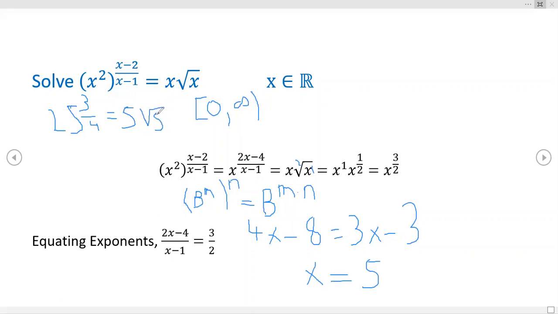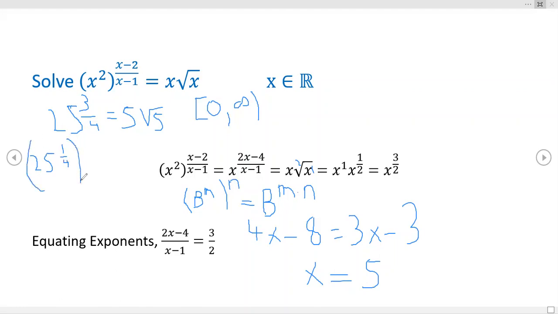Now let's see if that makes any sense. 25 to the 3/4 has a meaning. It means 25 to the 1/4, cubed.